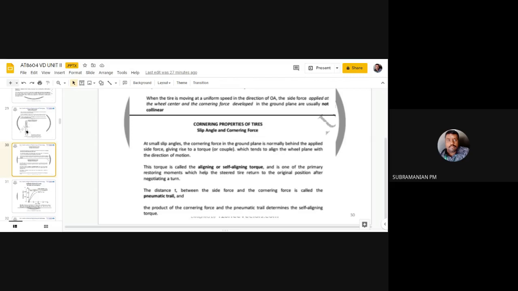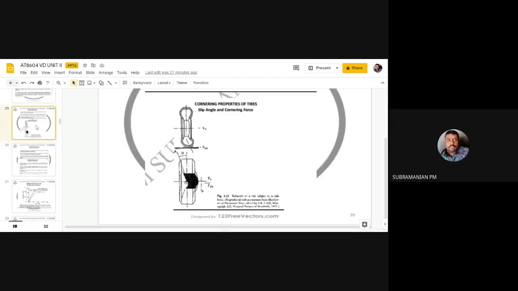I'll be giving 2 minutes. So you write this formula: self-aligning torque is equal to cornering force into pneumatic trail. Okay, and you copy this sketch also. First copy the sketch, just put a rectangle, and show Fs and the cornering force. Then write self-aligning torque is equal to cornering force multiplied by pneumatic trail. I'm giving 2 minutes. Copy the sketch, then only you'll be familiar with the terms.